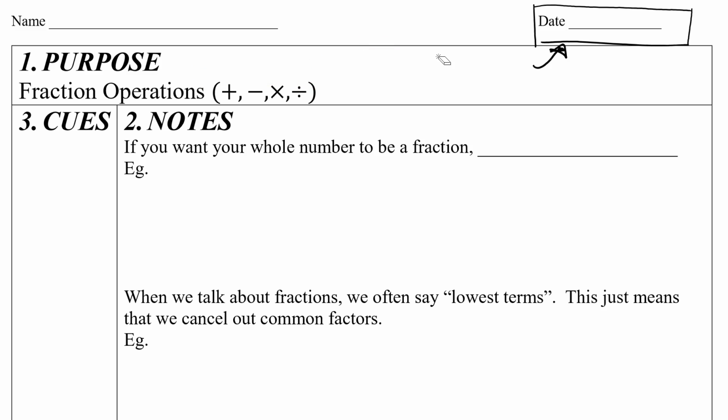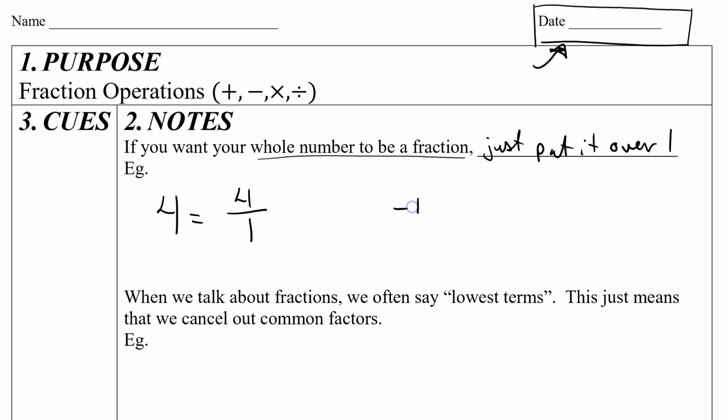So here's just a little pro tip. If you want your whole number to be a fraction, just put it over 1. For example, 4 is the same thing as 4 over 1. And sometimes that helps us with our fraction operations.